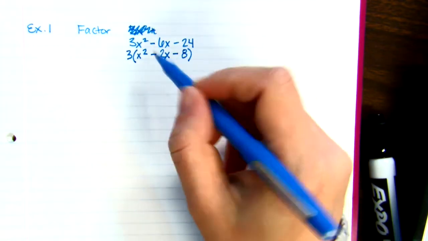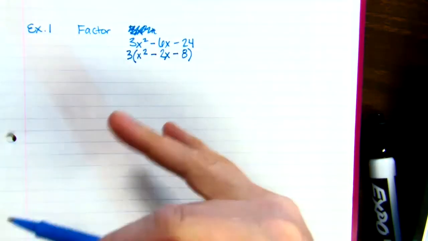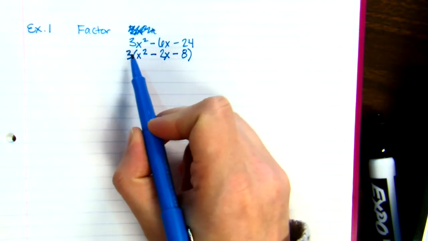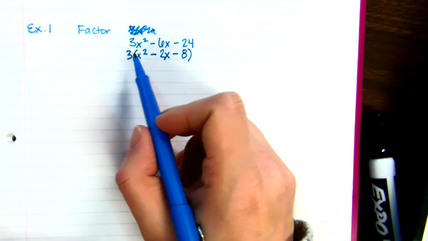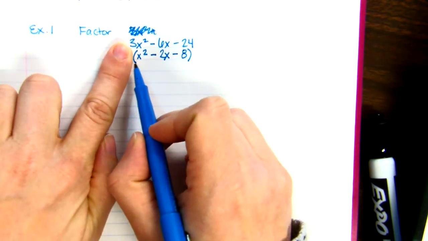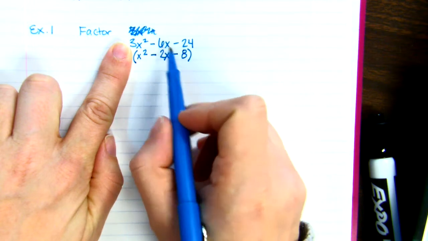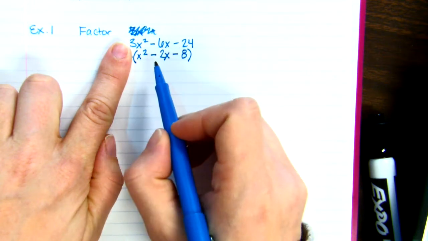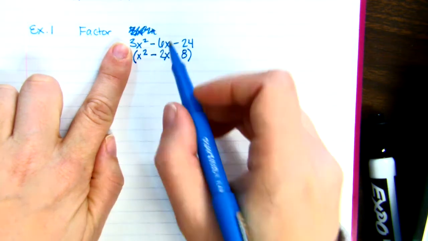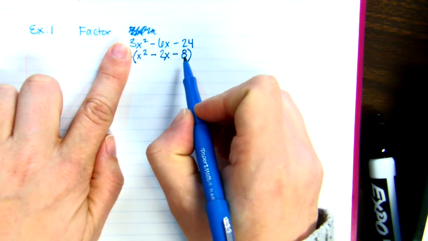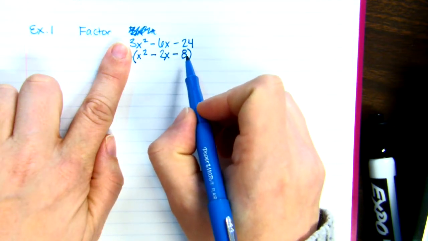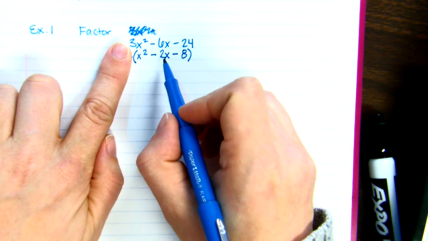Now from here, I want to see, can I continue factoring or am I stuck? So the 3, obviously, I can't do anything with that, but let's just look at this like this was its own problem, x squared minus 2x minus 8. I want to factor this using the methods that I used in previous lessons, where I want two numbers that will multiply to give me this negative 8 and add to give me negative 2.